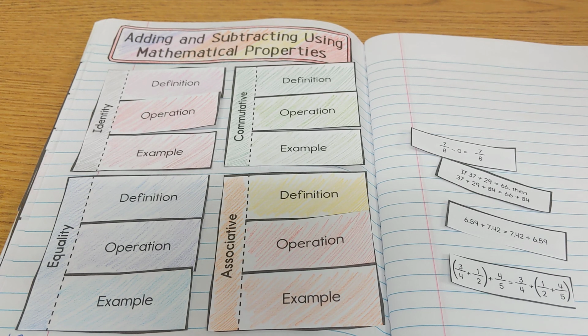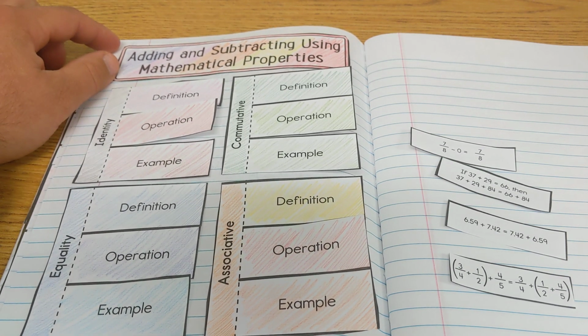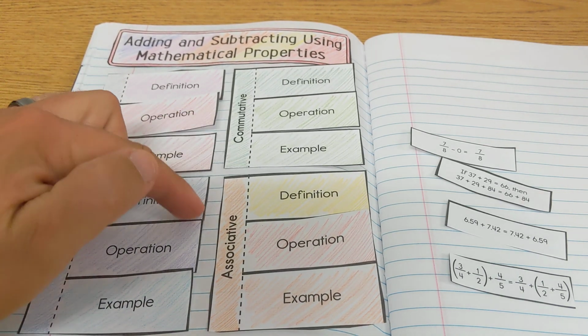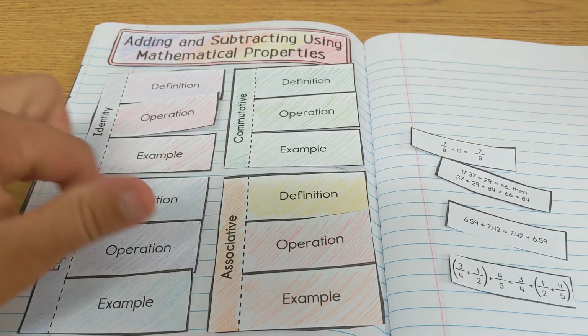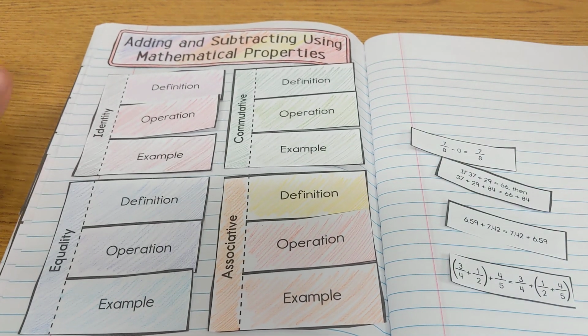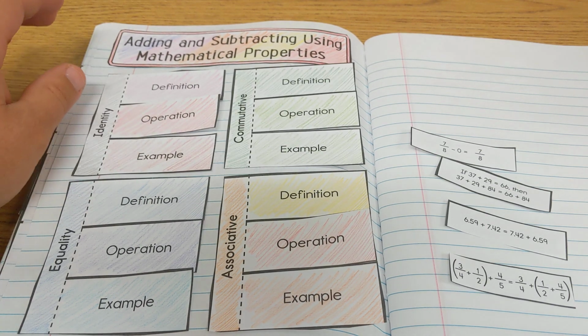Okay, but you need to go ahead and enter it into your math journal. Okay, right at the top, adding and subtracting using mathematical properties. Okay, and it doesn't matter how you have these arranged down here. I mean, if you wanted the associative to be up here first, that's fine. Okay, but if you can, cut it out and glue it in.